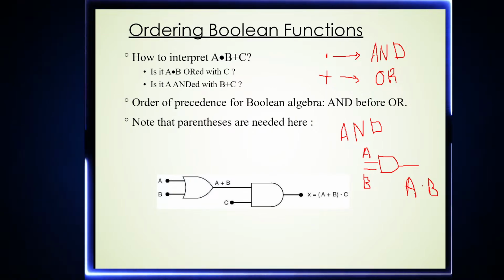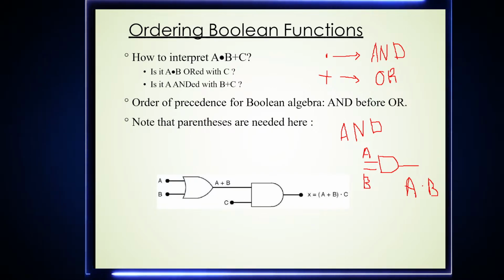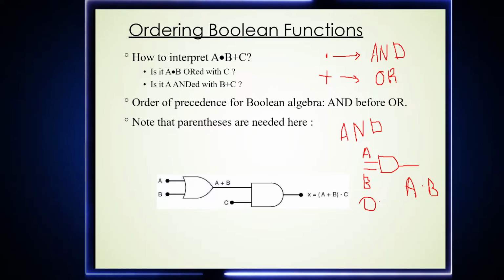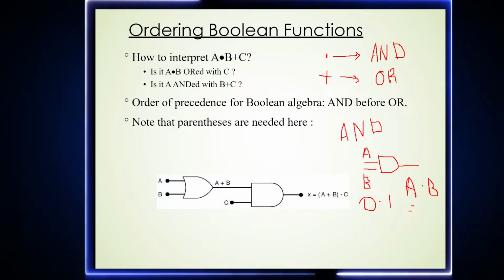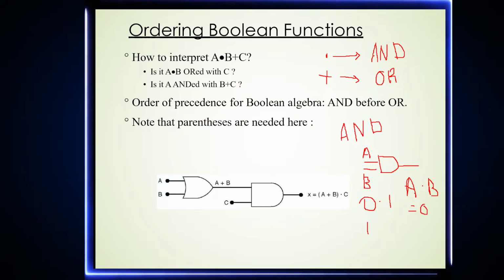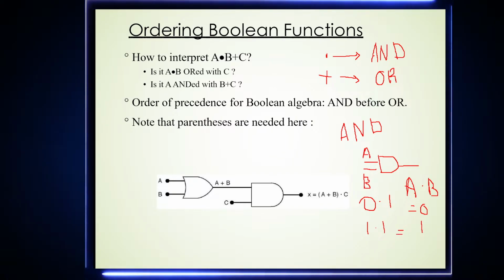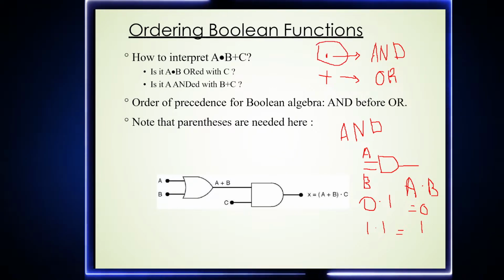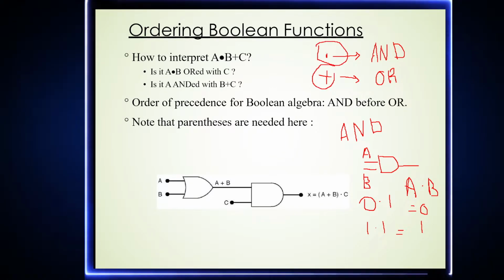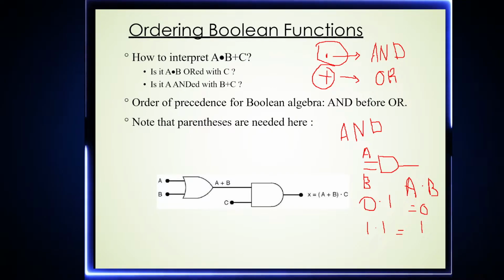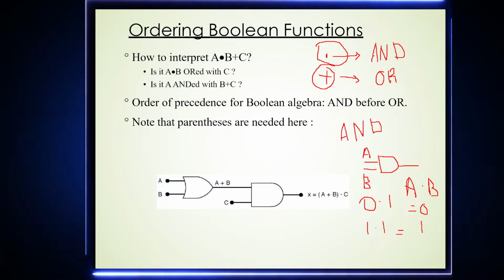So dot represents multiplication. If A is 0, B is 1, the output will be 0. But if both are 1, then the output will be high. That's why in case of Boolean functions, dot is represented as AND and plus is represented as OR. Very simple. You need to know this.